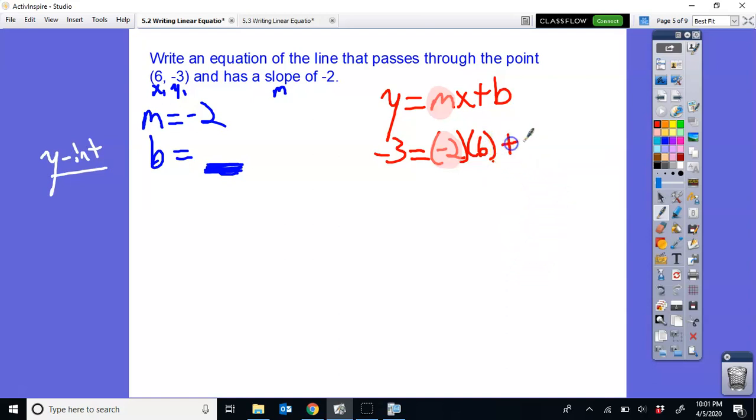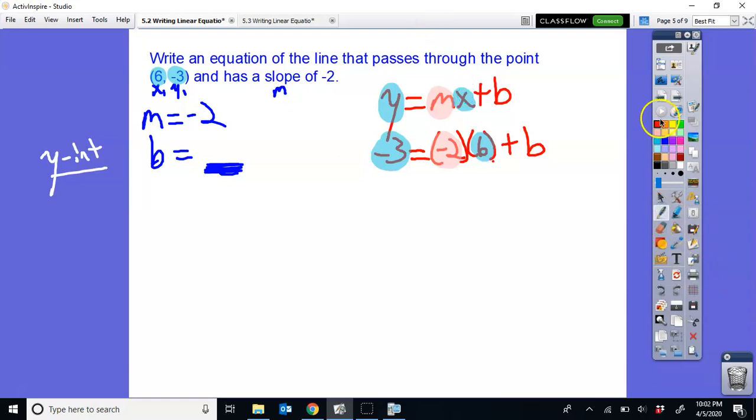But I do not have b. So I'm going to show you again what I did there. I know that -3 is the y value from the point, so I plugged it in for y. I know that 6 is the x value from the point, so I plugged it in for x. And now I have an equation in which I can find the b value.